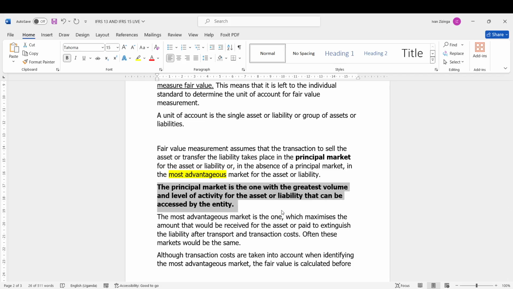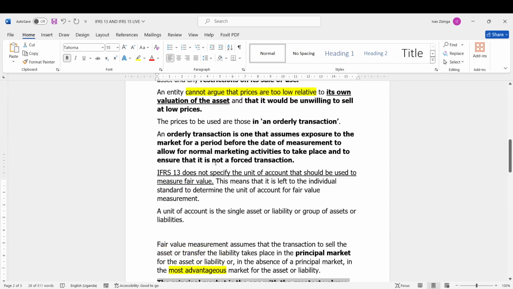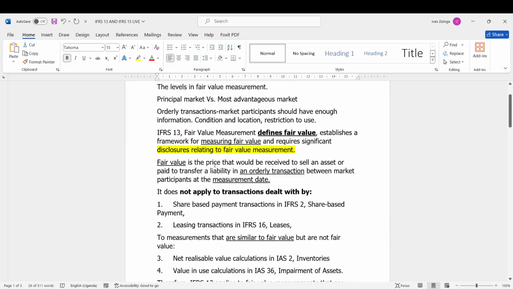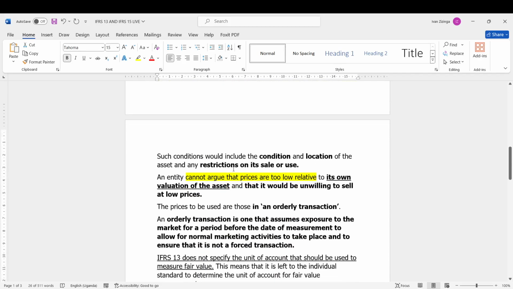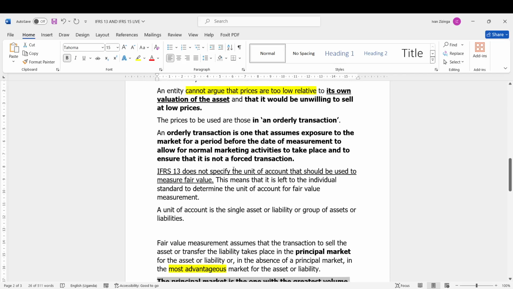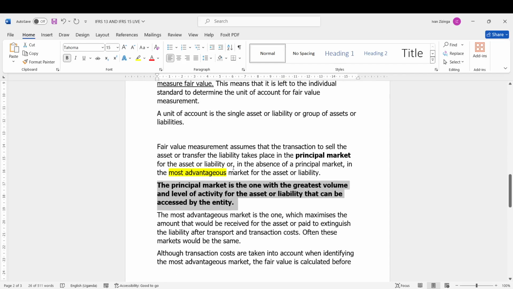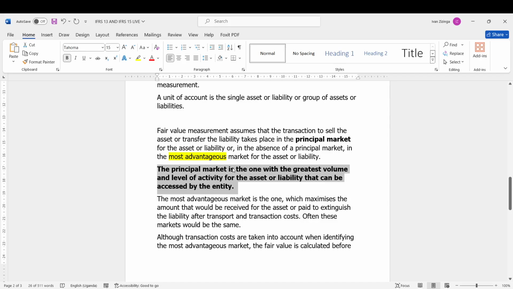Very important. So whoever gave us that hint, please, you're on the right track. Those are the key points that you should look out for in IFRS 13. A market with the greatest volumes. And if we do not have such a market, then we look for the most advantageous.